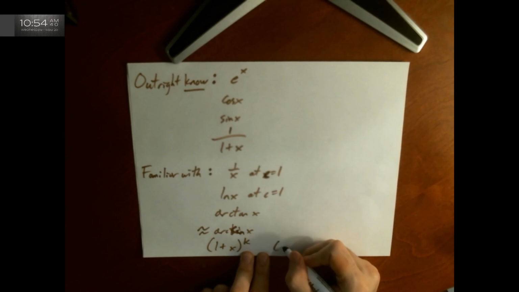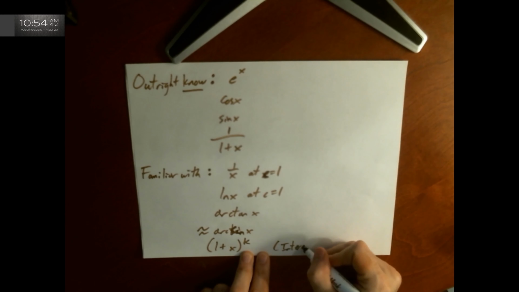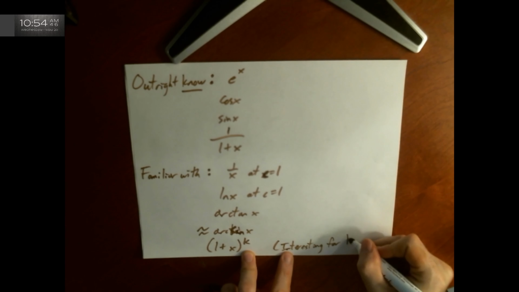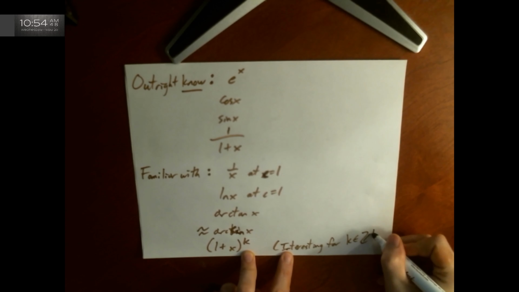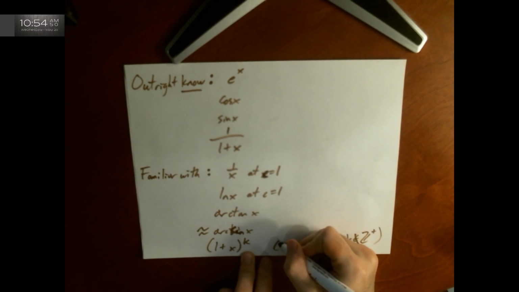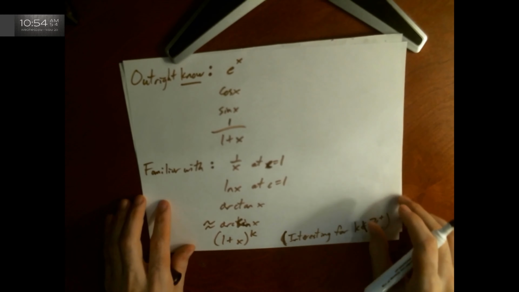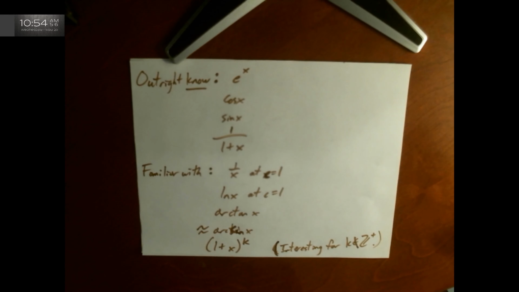The reason this last one is interesting and important is because I never said that k has to be an integer. I kind of led you into that, right? Because I wanted you to try to figure out, oh wait, what if it isn't? But that's when this is interesting. Things like the square root of 1 plus x, you can make a Taylor series.